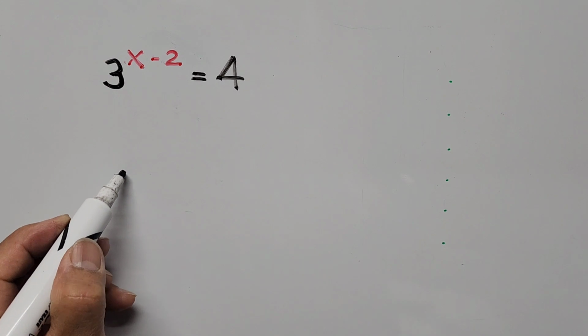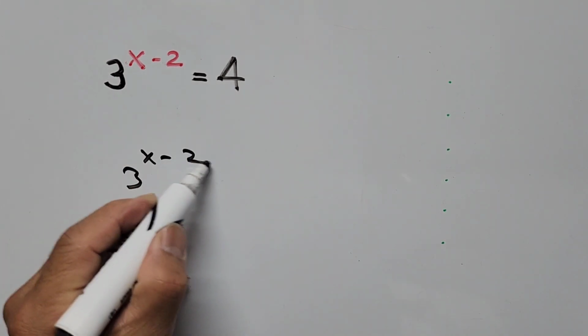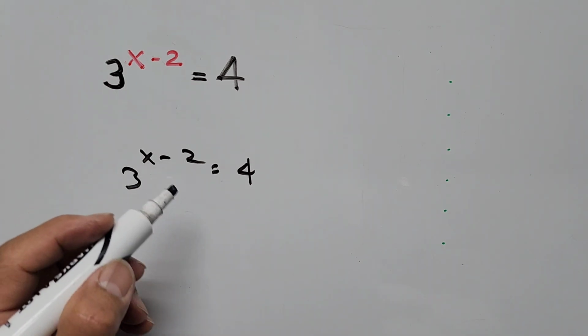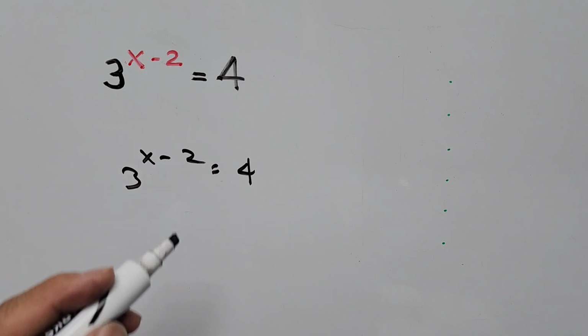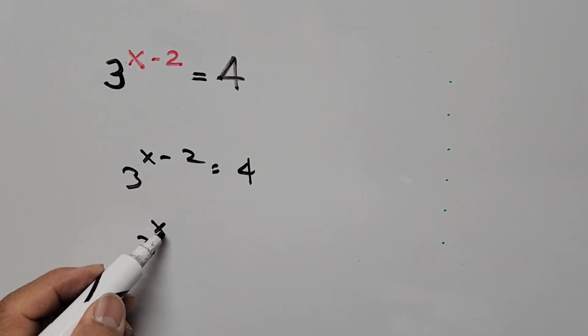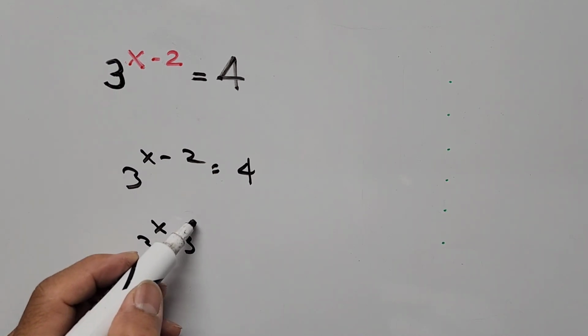So here's the equation, 3 to the power of x minus 2 equals 4. First method, we'll be using the rules of exponent, separating the constant from the variable on the exponent. So we have 3 to the power of x times 3 to the power of negative 2.